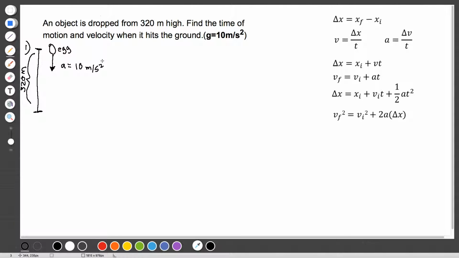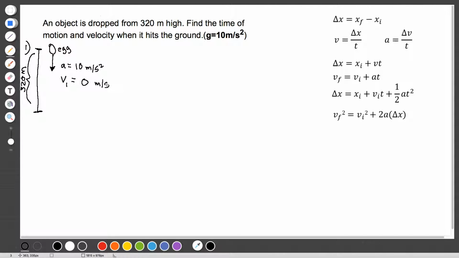And so when you have a free fall problem, there's a couple of other things you need to consider when you're drawing your diagram. The first thing is whenever you drop an object, you assume you're dropping it from rest. In other words, you're holding it and then letting it go. And at the instant that you let it go, the initial velocity is still 0 meters per second.